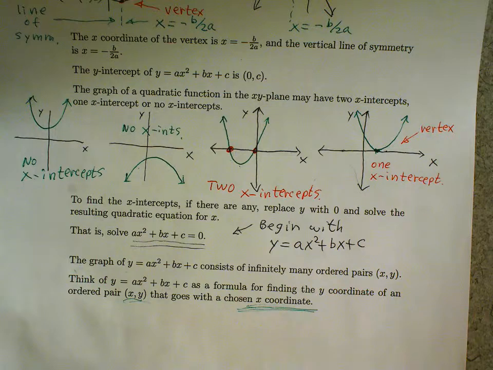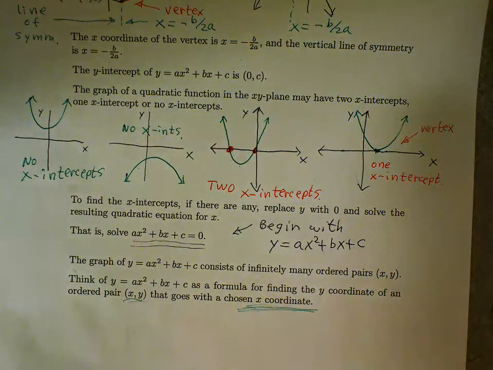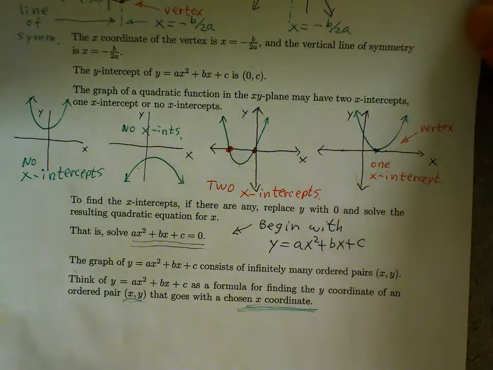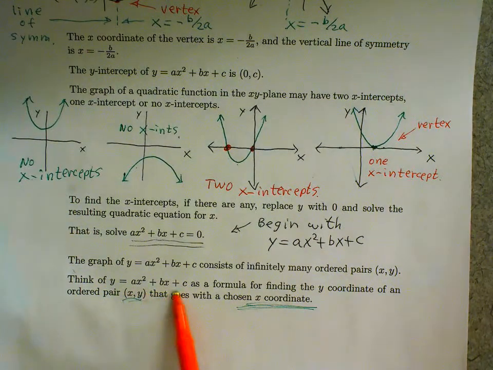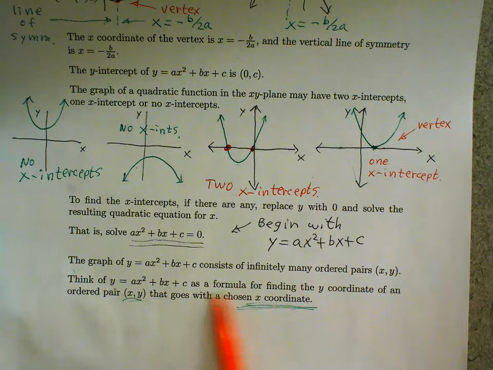Okay, so we're going to look at a bunch of examples using this idea. Think of y equals ax squared plus bx plus c as a formula for finding the y-coordinate of an ordered pair that goes with a chosen x-coordinate.